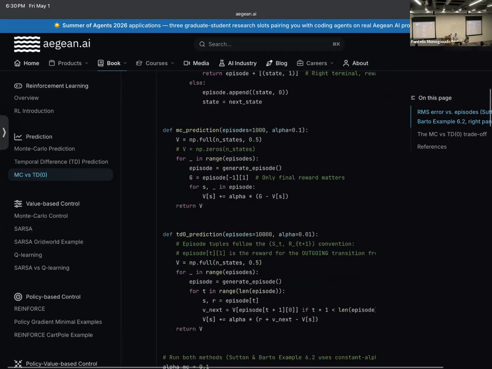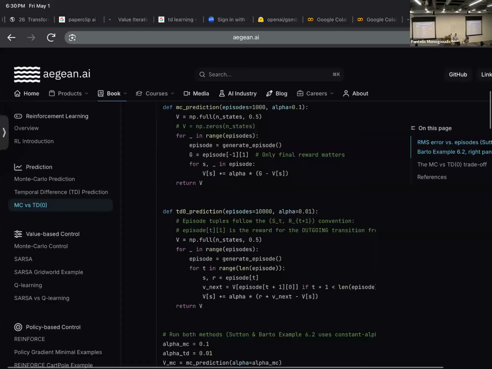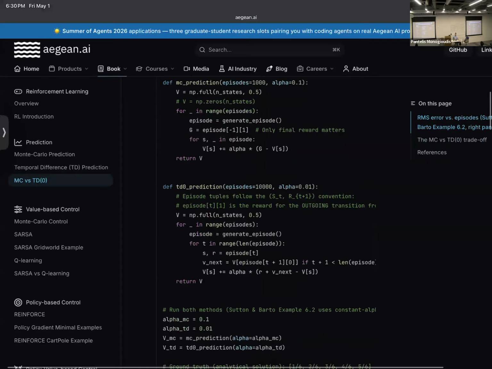So you will plot the Monte Carlo for alpha equal to 1. This is basically your orange diagram for a number of episodes. Whatever number of episodes was created, I can't remember now. It was 10,000 episodes.